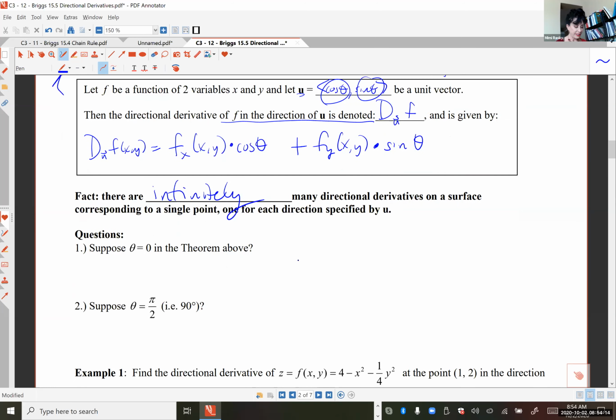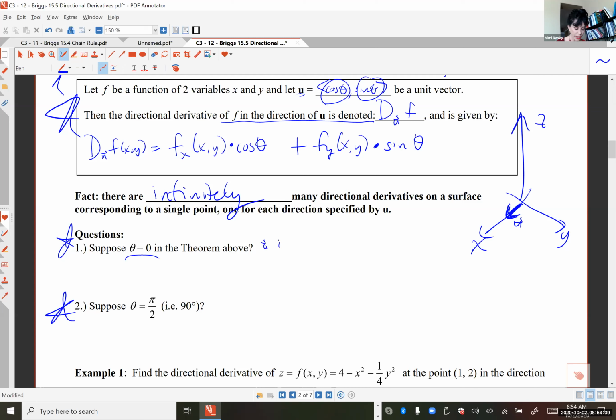Now, let's ask some questions before we do some examples. Suppose the theta in this theorem were equal to 0. What does that mean? In the xy plane, your little directional vector u is pointing in the same direction as the positive x-axis.